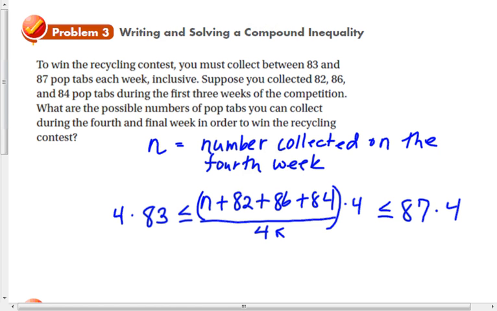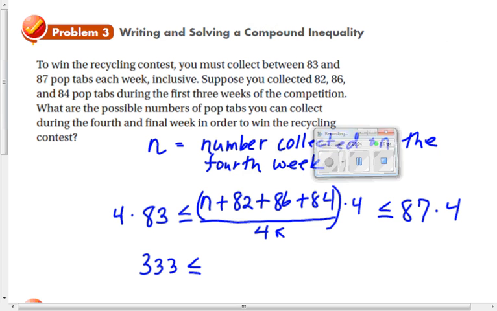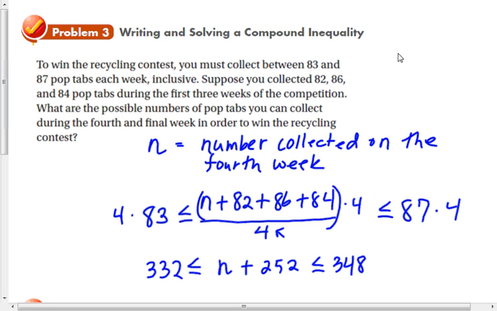Now when I do that, 4 times 83 is 332, and that needs to be less than or equal to, and notice I simplified this. I just combined the 82, 86, and 84 and made it 252.